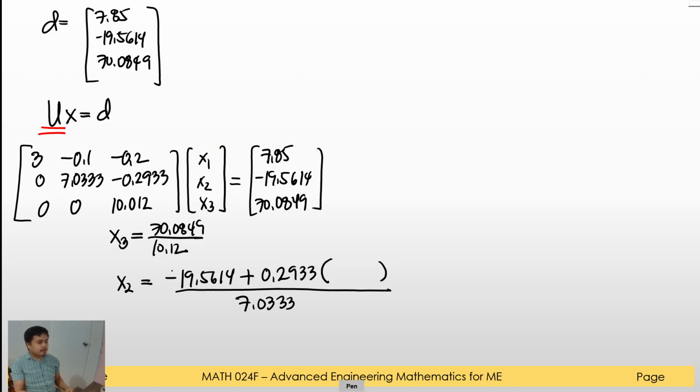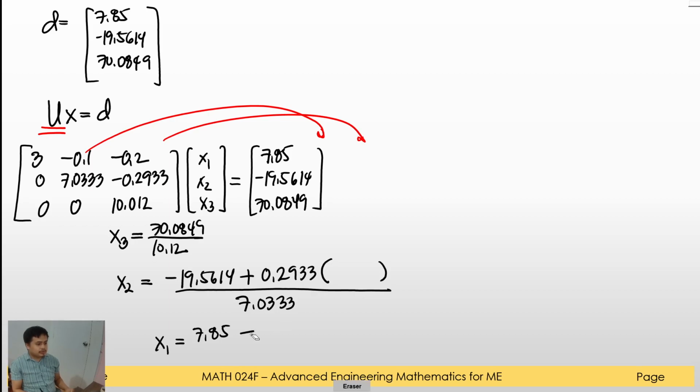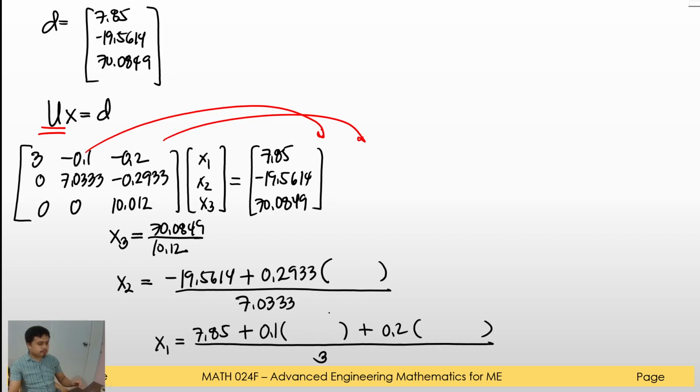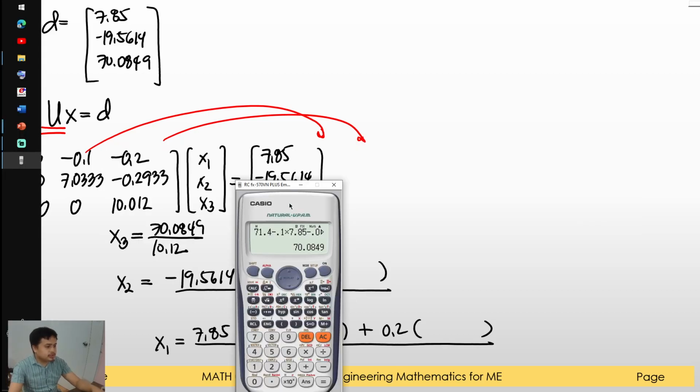Okay, and then for x sub 1, that will be equal to, so transpose this, so we have 7.85, minus, or sorry, this will become positive 0.1 x2, and then plus 0.2 x3, and then all over 3.